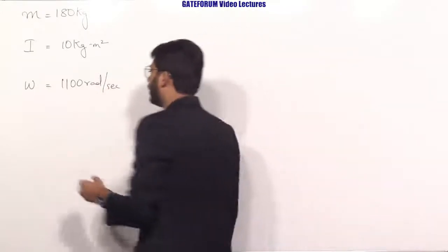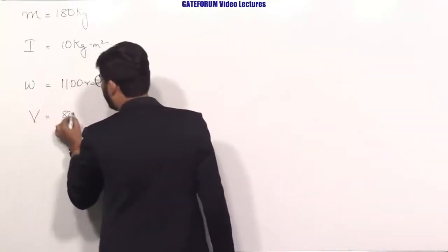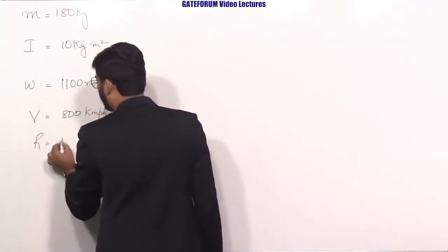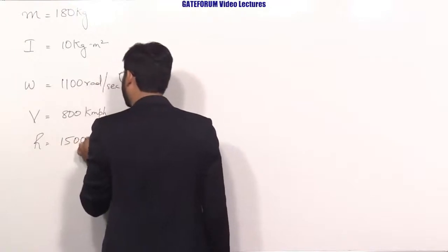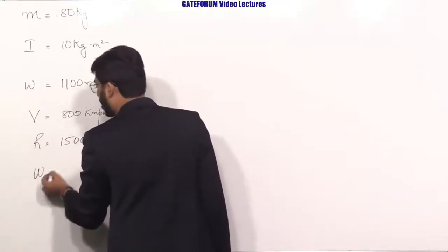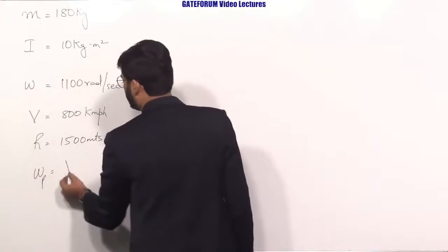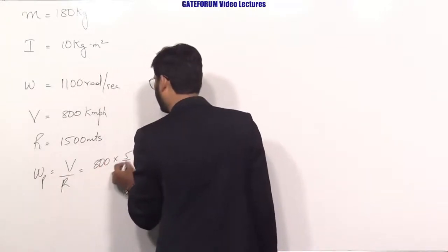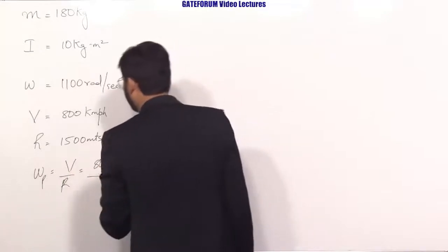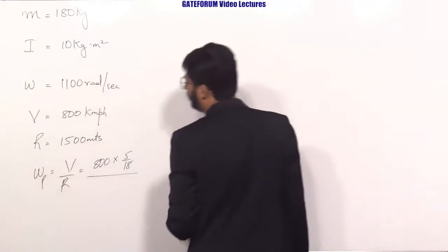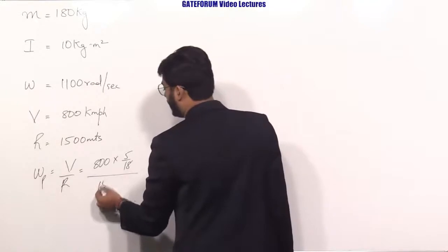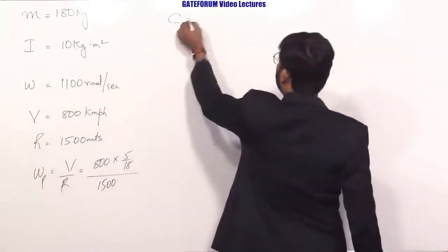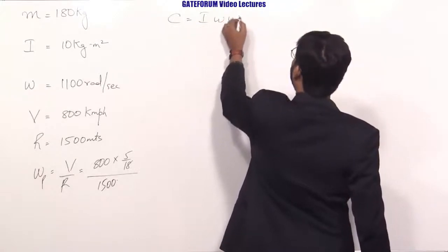Next, the velocity is given as 800 kmph and the turning radius is given as 1500 meters. So omega of precession is equal to V by R, that is 800 into 5 by 18, which converts kilometers per hour to meters per second, divided by 1500.